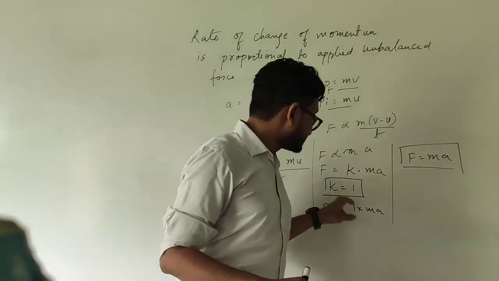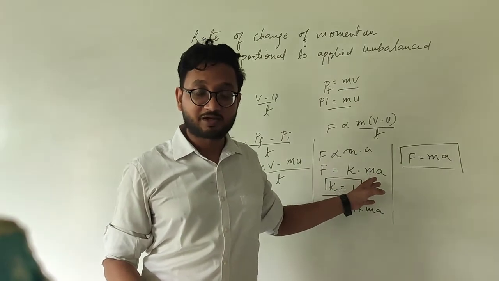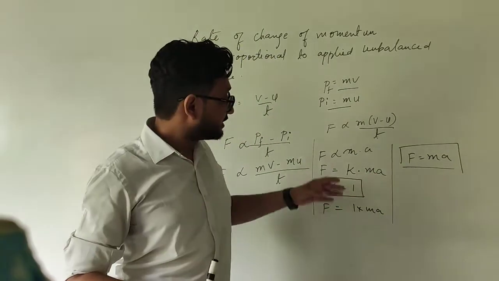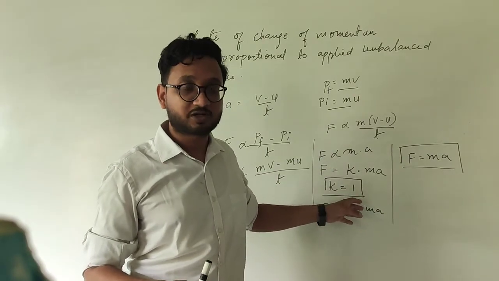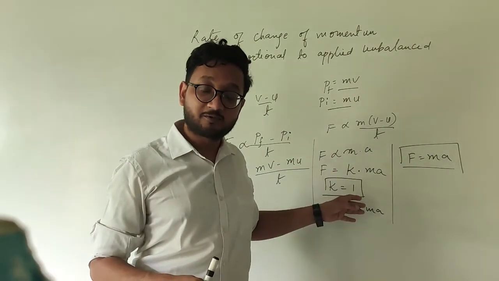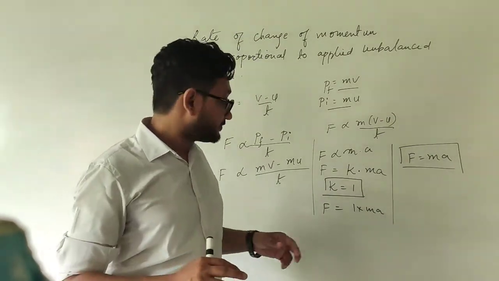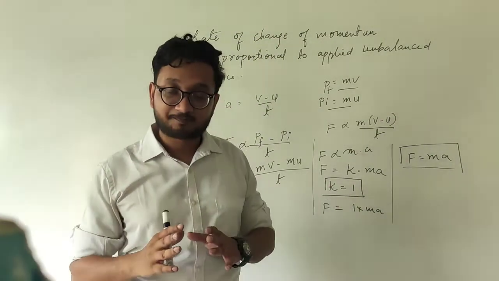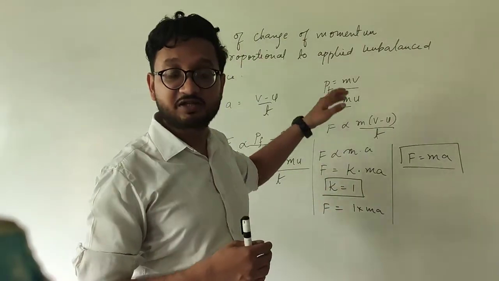Now I know this value of k. If it is already 1, why substitute the value of k? See, you cannot directly convert the expression into a formula. Okay, you will first need to give the constant and then give the value of constant. Over here, the value of constant is 1, but there are different mathematical, you can say, relations in physics.